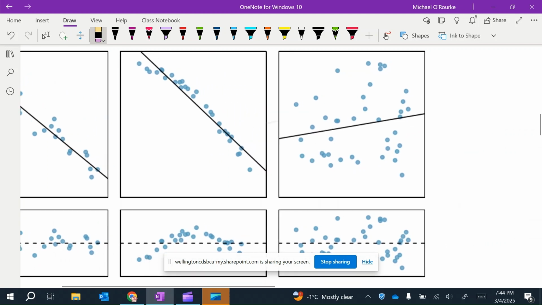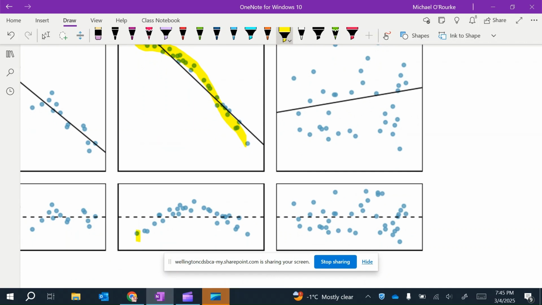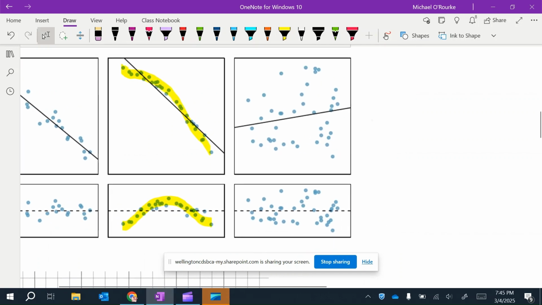Now this one goes below, above, and then below, so you can see the residuals making a pattern there. And here we have a weak correlation. You can see the dots are all spread out, above and below. So that's the gist of how to do a residual plot.